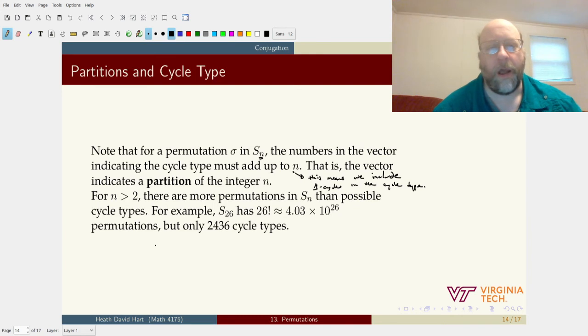So that's a huge difference in magnitude. Permutations is on the order of 10 to the 26, but if I just classify the cycle type, I'm down to 2.436 times 10 to the third.